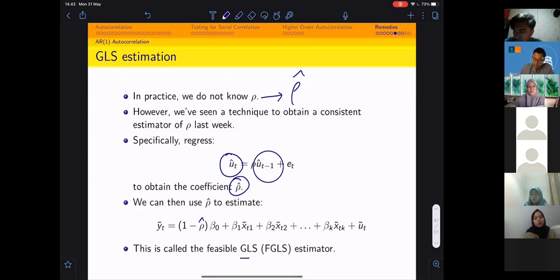So the generalized least squares that uses sample information is called the feasible GLS estimator. Okay, so again, a GLS estimator that takes advantage of the information in the data is called the FGLS.